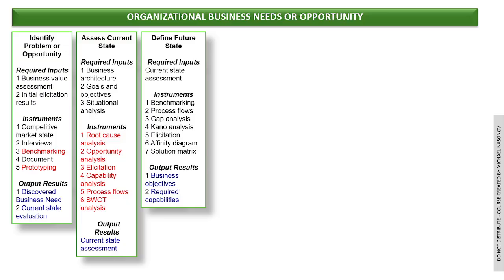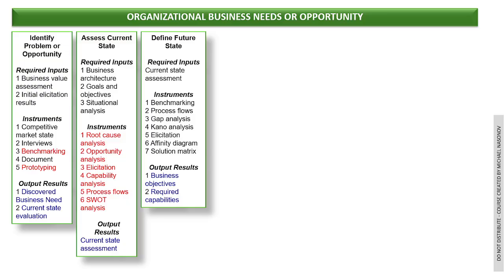Define future state. Inputs: current state assessment from the previous process. Instruments, almost the same: benchmarking, you need to create or study existing process flows in your organization, meaning business process flows. Gap analysis, whatever you're missing.